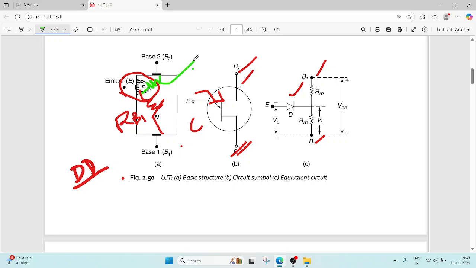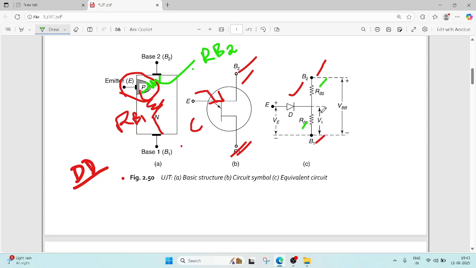So this resistor is called RB2, right? That's indicated as RB2 and RB1.